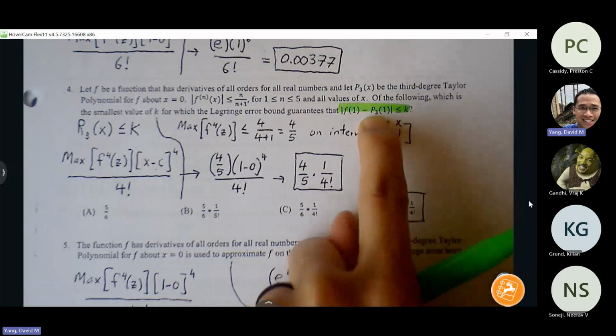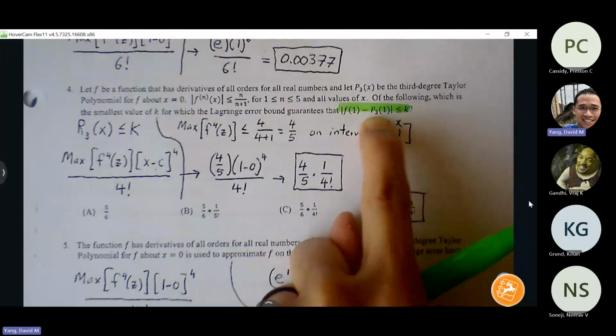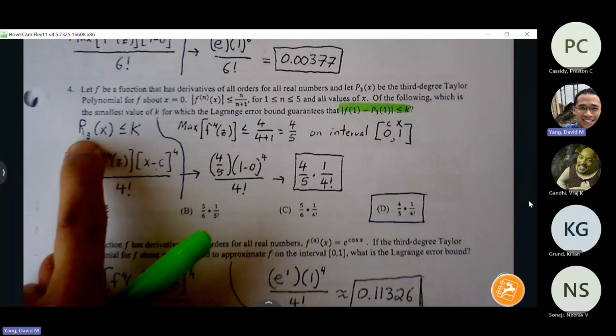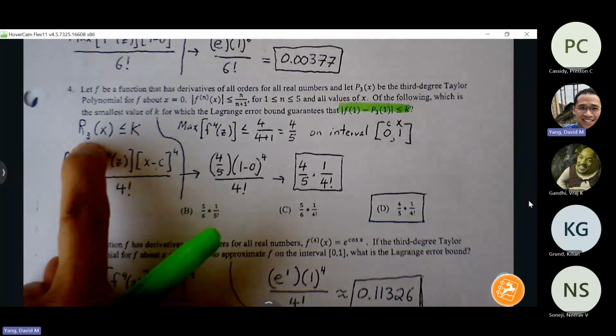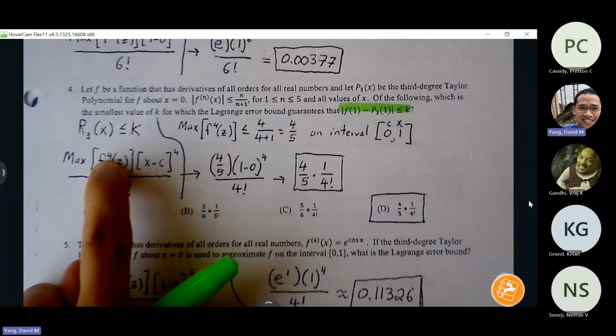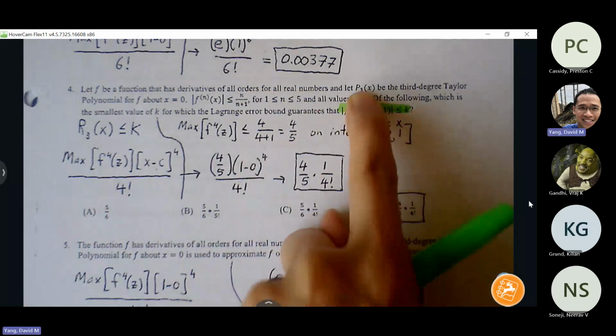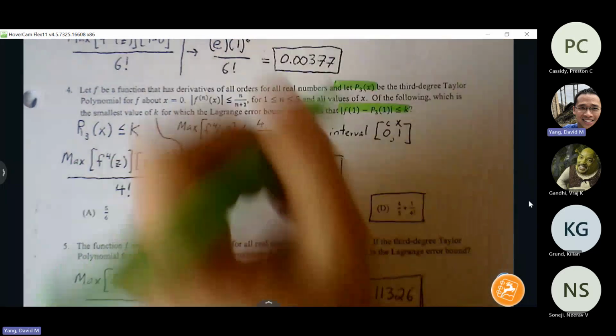So we're asking for the remainder at the third degree. If the remainder is at the third degree, then we want the max of the n plus first derivative. So we want the fourth derivative. So that's why it's 4 and not 5, because we're at the third level here.